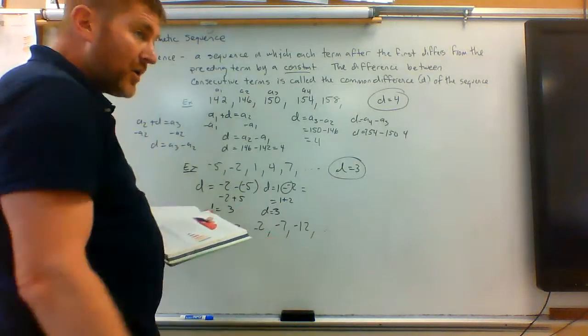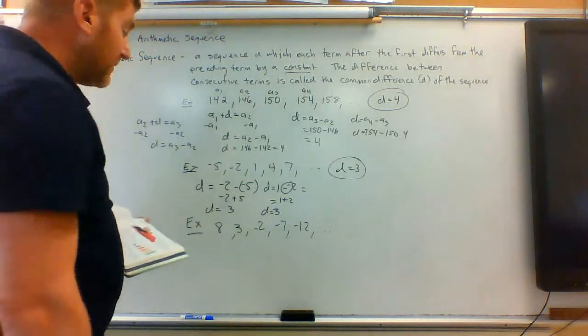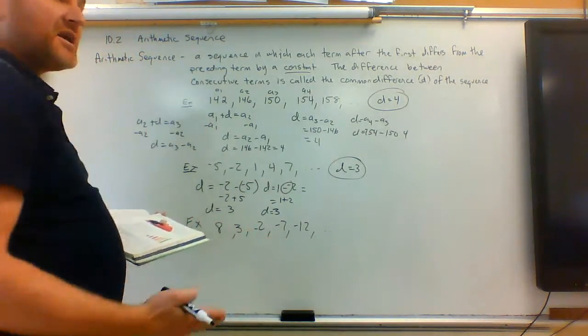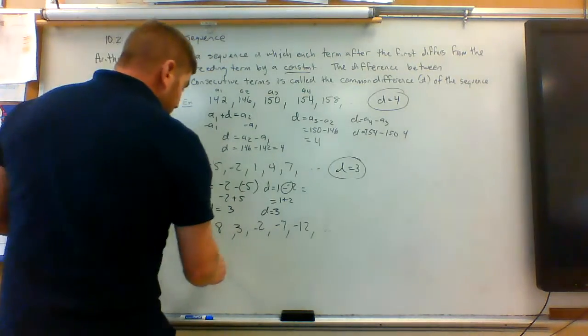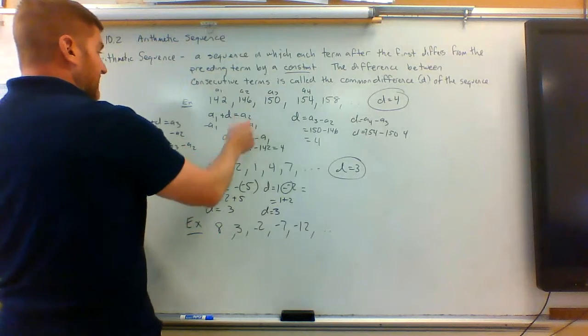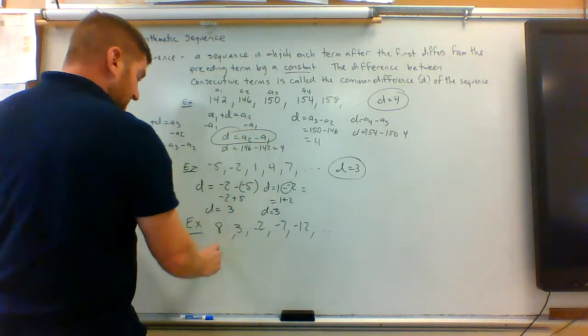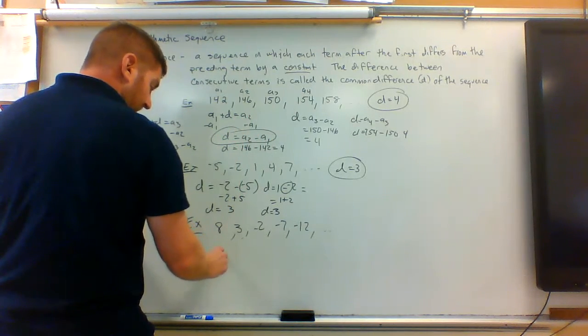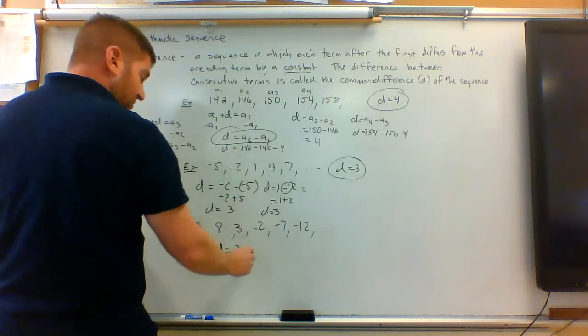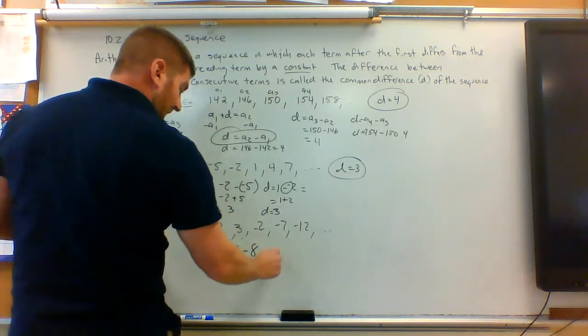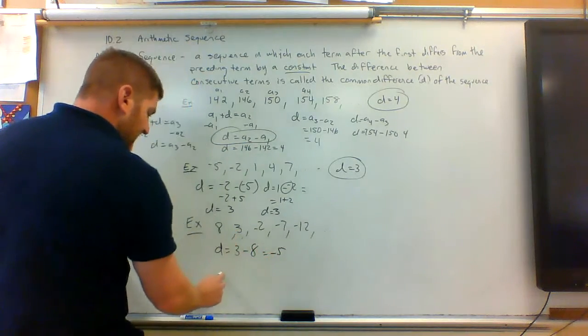So you might say, well, I'm not adding, you're subtracting. Well, when you think of common difference, think of subtracting as adding a negative number. So again, I could do this formula here. d equals a2, which is 3, minus your first term. Second term minus first term: -2 minus 3 is -5. All right, does that keep going?